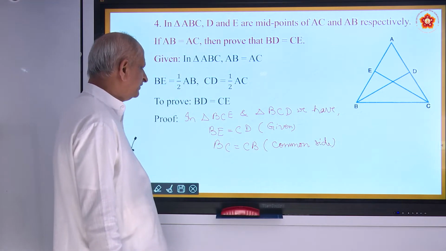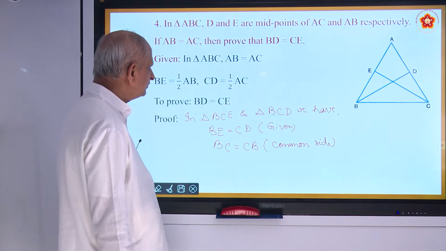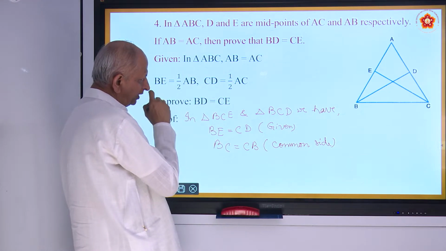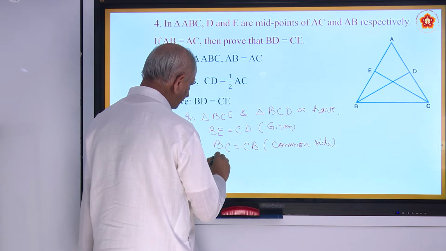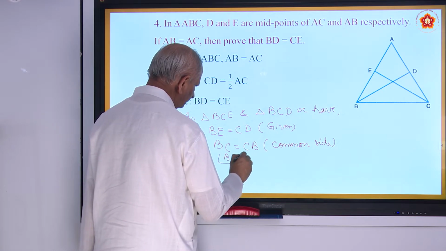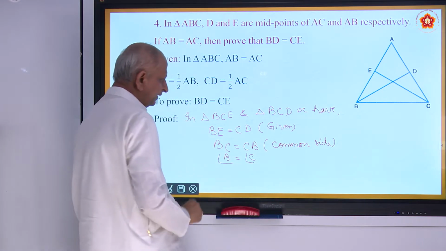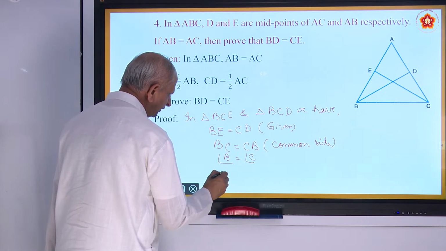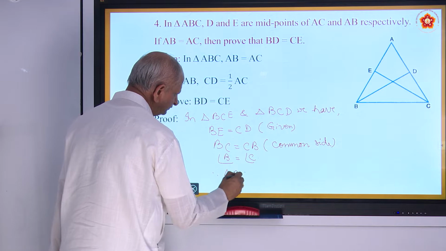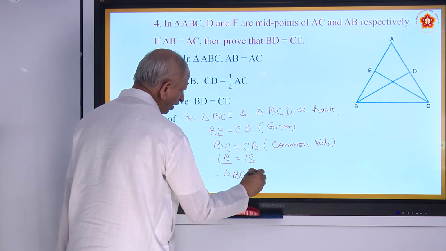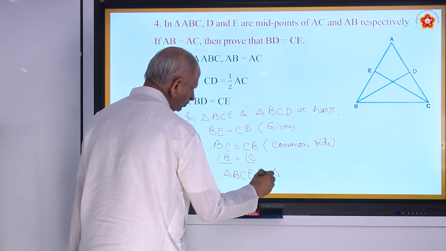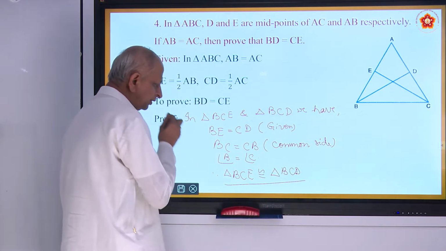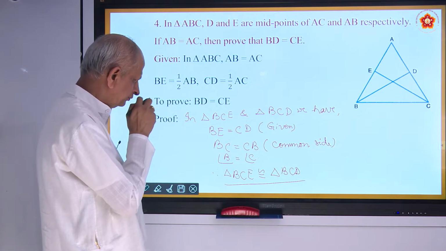So two sides are equal, and as you are given that AB is equal to AC, angle B will be equal to angle C. Angle B is equal to angle C. Therefore, triangle BCE is congruent to triangle BCD. Under which postulate?